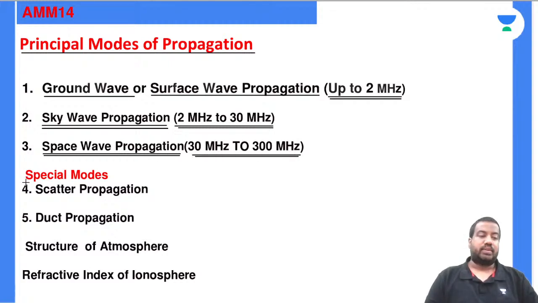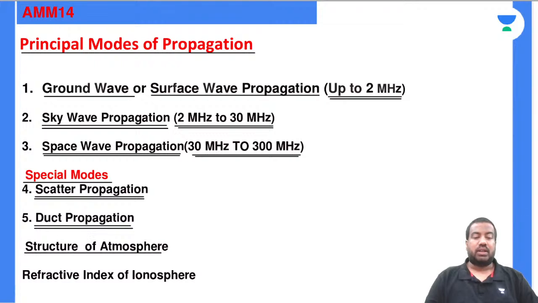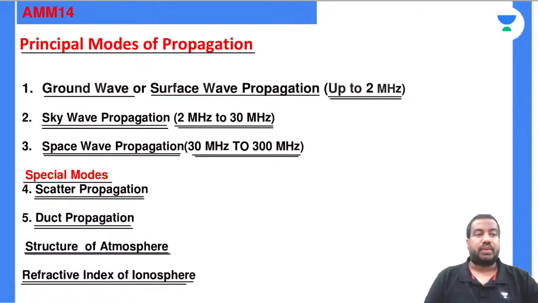We also saw the special modes of propagation. Under special modes of propagation, we had completed scatter propagation, in which we saw ionospheric scatter and tropospheric scatter, and we covered duct propagation. We also saw the structure of atmosphere, in which we saw the structure of troposphere and structure of ionosphere. In the previous session, as I told you, we covered the refractive index of ionosphere.